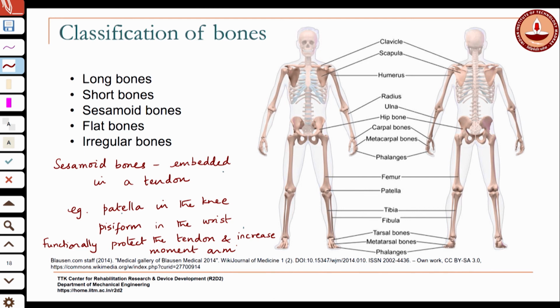So, anything that does not come under long bones, short bones, sesamoid bones or flat bones becomes an irregular bone. If you can't classify it, so it is none of the above, it becomes an irregular bone.